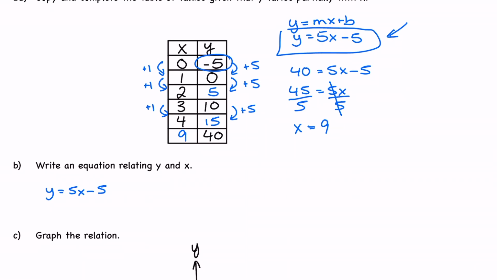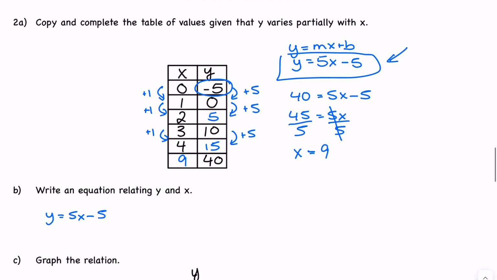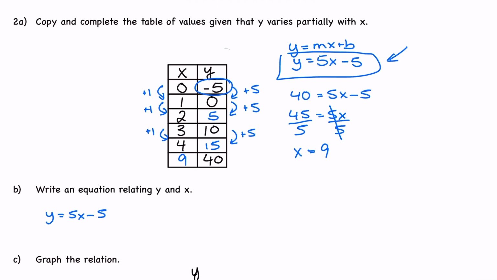For every increase of 1 on the x-axis, we increase by 5 on the y-axis. So I'm going to make my increments on the x-axis go up by 1 each time, and on the y-axis, I'm going to make them go up by 5 each time. And now I'm just going to plot my points over here.